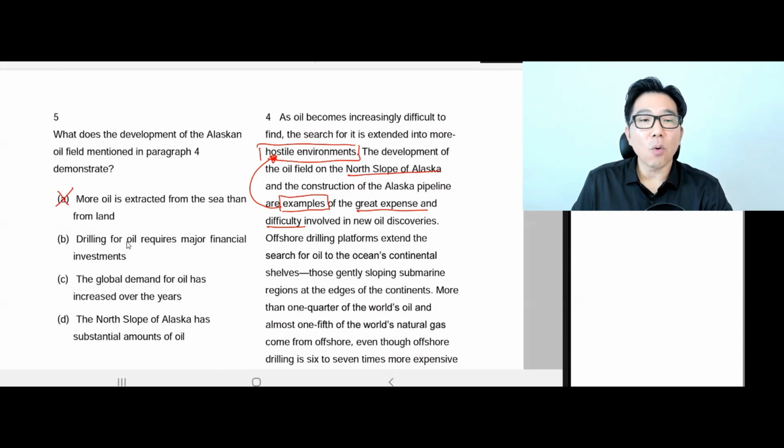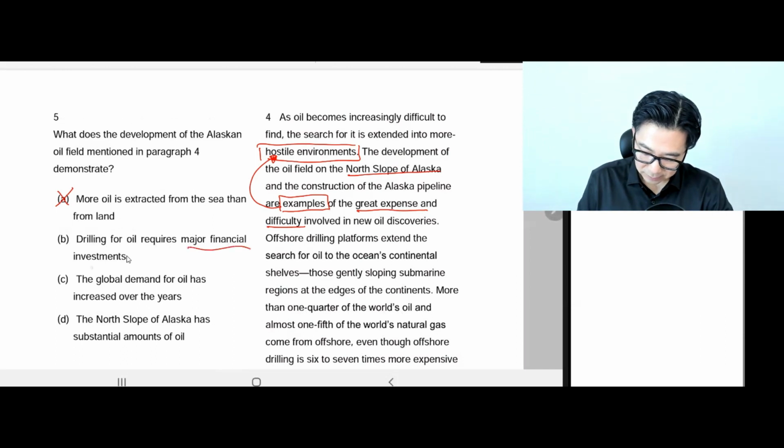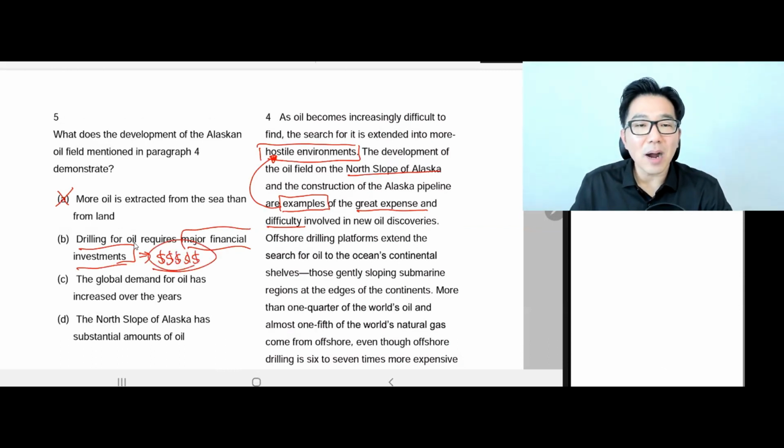B, drilling for oil requires major financial investment. Yeah, good paraphrasing. What does that mean? Money. It requires more money.